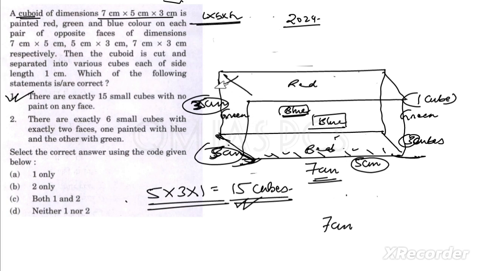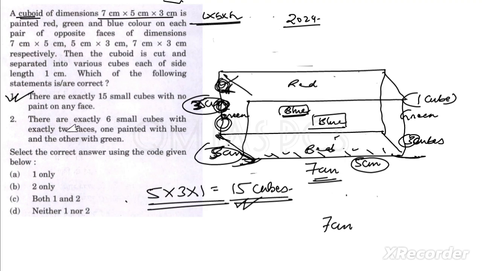There is a 1, a 1, a 1. Fine, we are talking about the corner one. At the corner this one is green and the back side will be blue. So you have to look at the corner one.